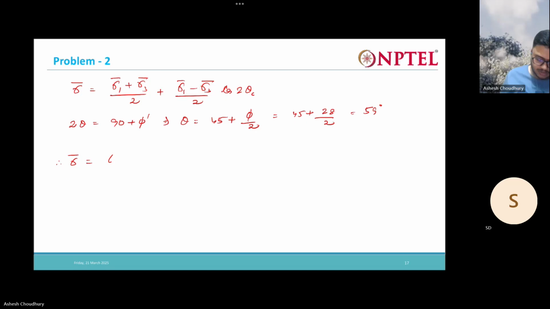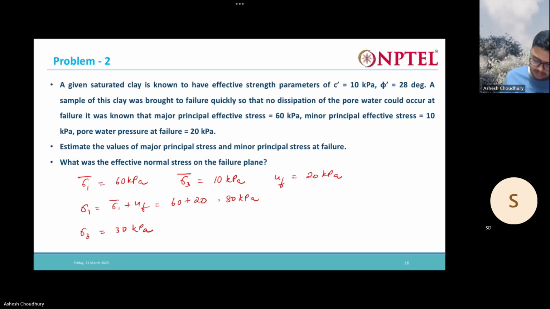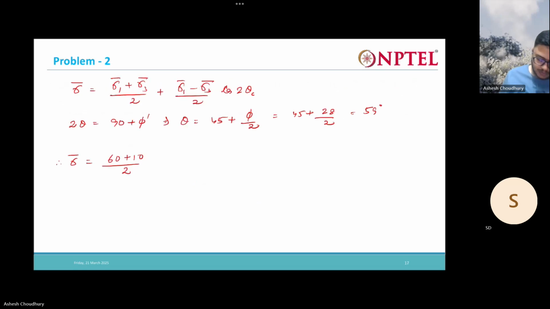Therefore, 60 minus 10 over 2 gives 23.26. Okay, so this is the effective normal stress on the failure plane.